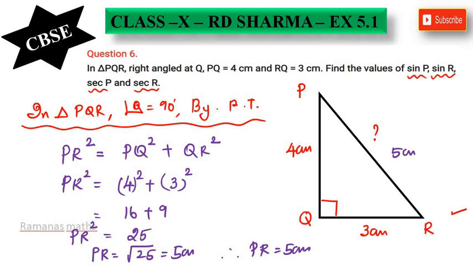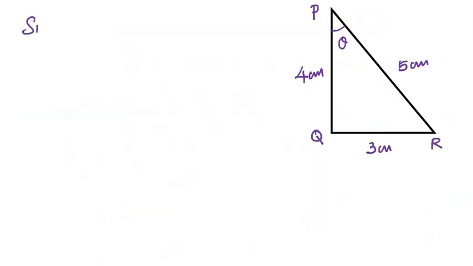Now we are going to find the value of sin P. Sin P means the location of theta is here, right? Okay, so the general formula for the ratio of sin P is perpendicular, which is opposite to this theta. Always perpendicular is opposite to this theta.